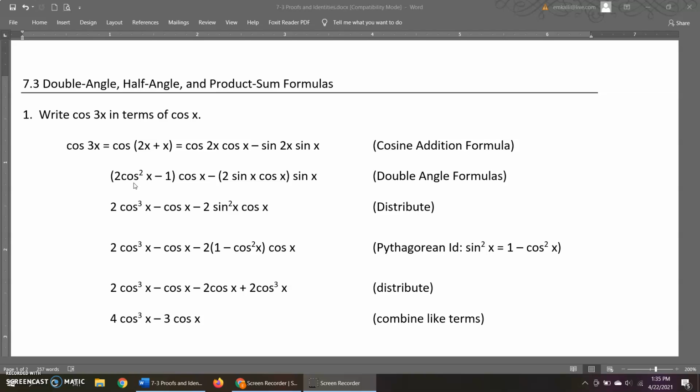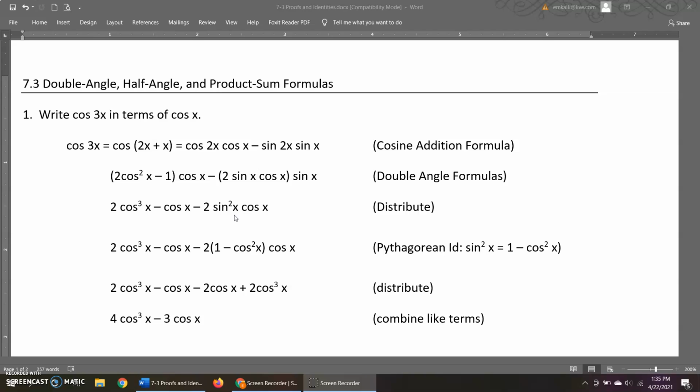Now what we're going to do is we're going to distribute this cosine x into this subtraction and this sine x into this one. So we end up with cosine x cubed times 2 minus cosine x minus 2 sine squared x cosine x.